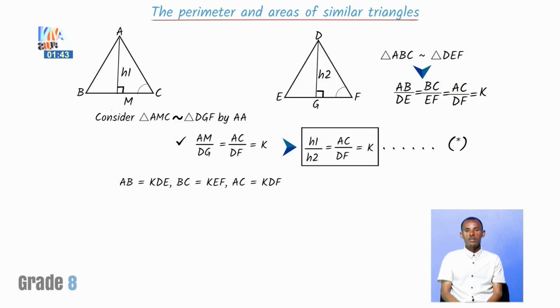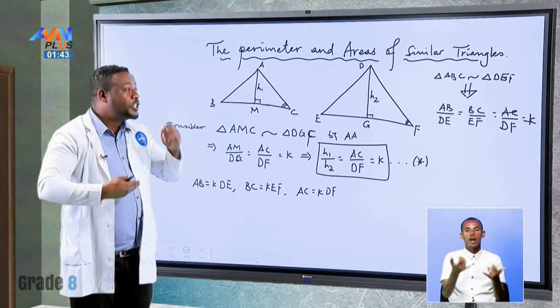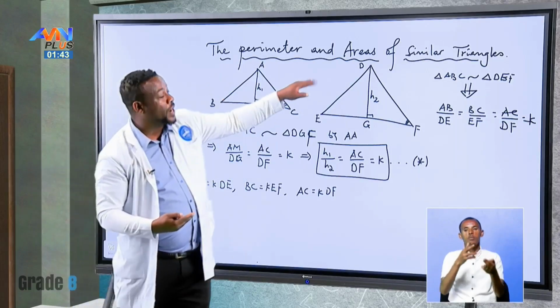The other relationship is BC is equal to K times EF. And the third relationship is AC is equal to K times DF. Good. Once we have this, now we can create a relationship between the perimeters of these two triangles.